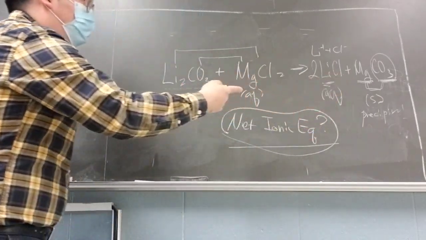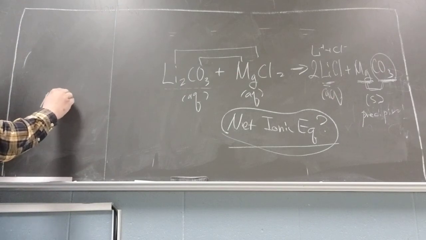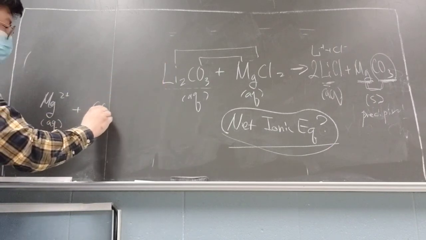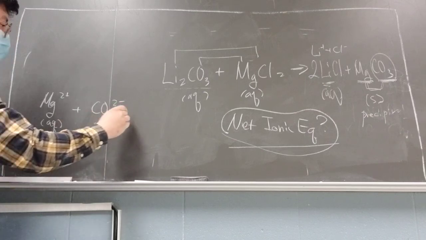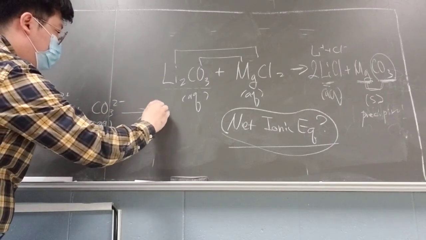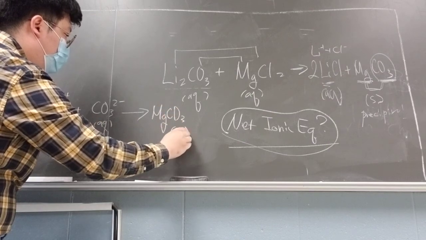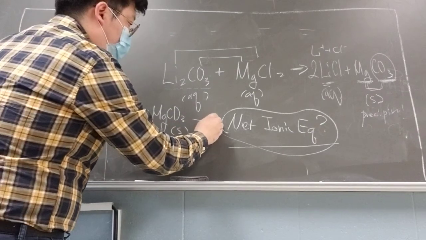So in this case, we have magnesium 2+, a cation, and carbonate 2-, also an anion, in aqueous form, and now they're going to form a solid. So they precipitate. This is our net ionic equation.